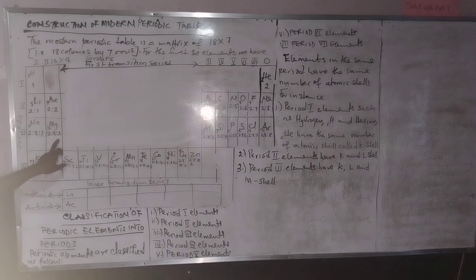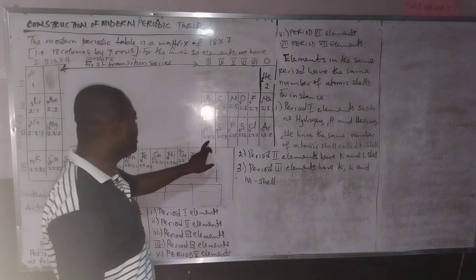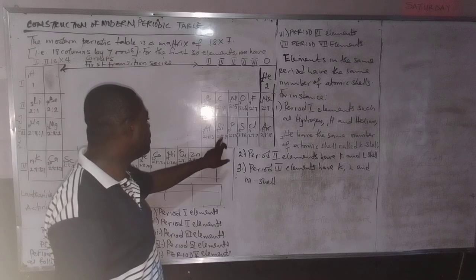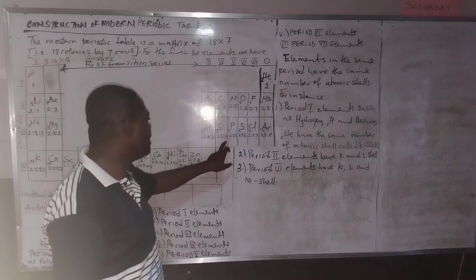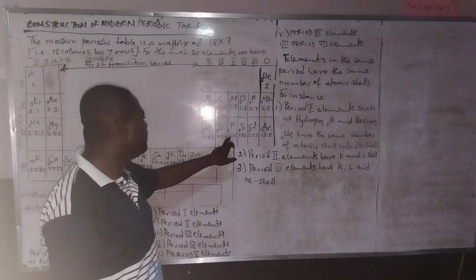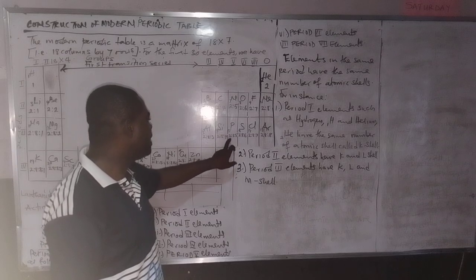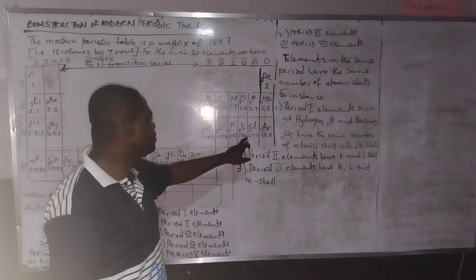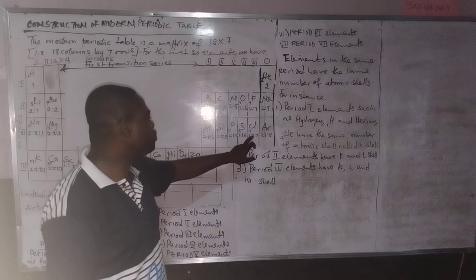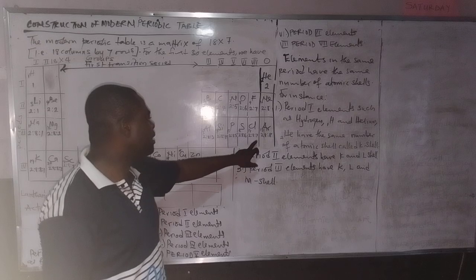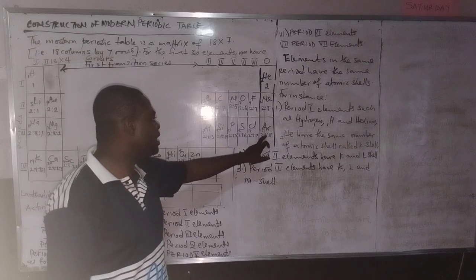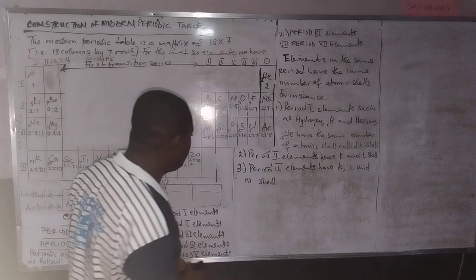Aluminium 2:8:3. Silicon 2:8:4. Phosphorus 15, 2:8:5. Sulfur 16, 2:8:6. Chlorine 17, 2:8:7. Argon 18, 2:8:8. K, L, M for each. So that is how it goes.